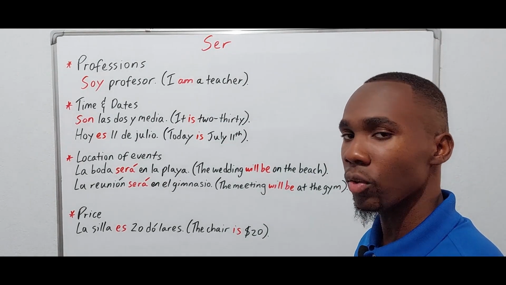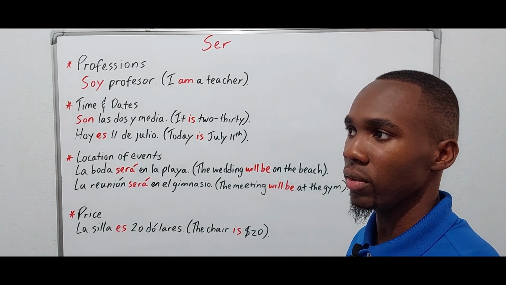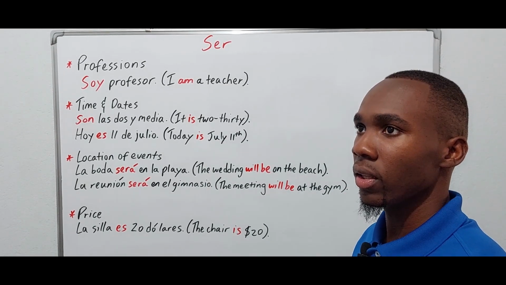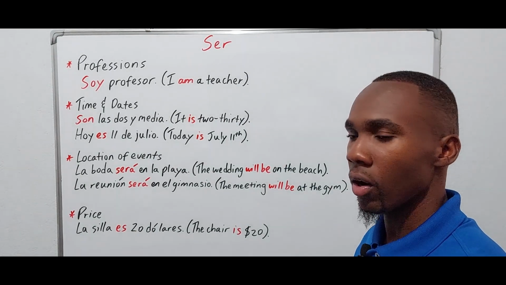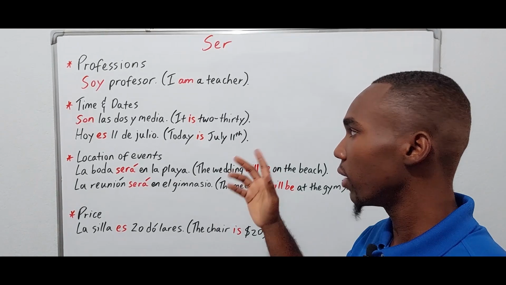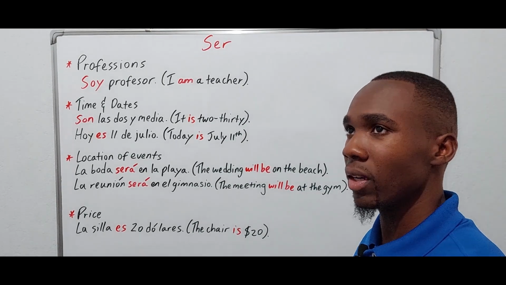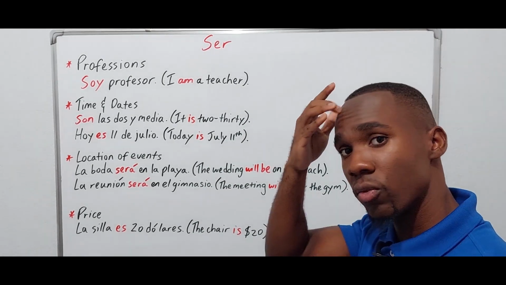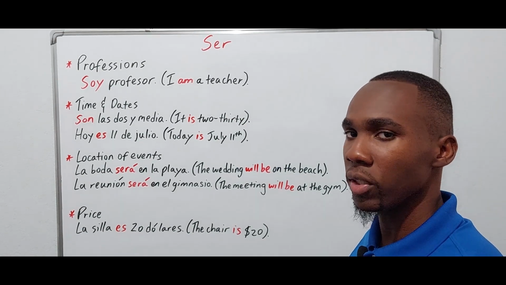Time and dates. Now, this is where I said that the generalization that ser is used for permanent qualities or permanent situations can be a little tricky because time is something that changes, right? So in some cases, yes, that is true, especially for descriptions, but in other cases that might not be true.